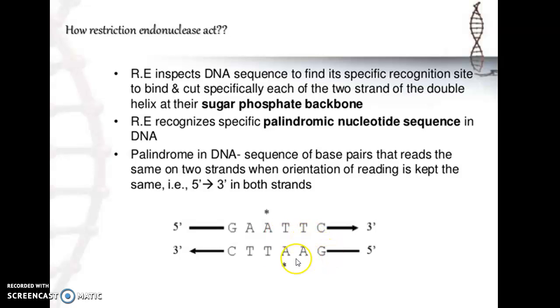Here it is also GAATTC. So these types of recognition sequences or mirror images are called palindromes. They are generally recognized by different restriction enzymes, which cut the DNA at that site. This given restriction sequence is the sequence of the enzyme EcoRI.